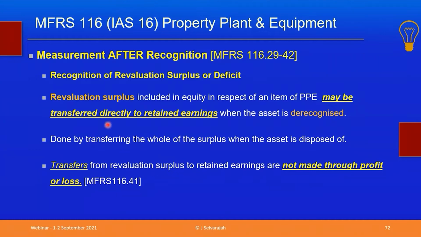That's why you can see that it's transferred directly to retained earnings when the asset is derecognized, and this says "may", it didn't say "must". See the word "may". So you can put it through the P&L if you want. All right? Usually they won't put it to P&L because that will distort the year in which you make the profit, and next year profit goes down. So people like it in the year that you say, oh, the numbers went up.